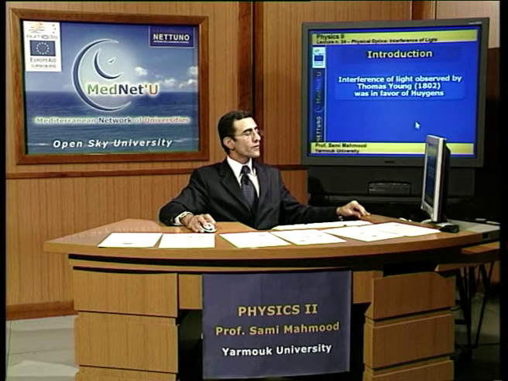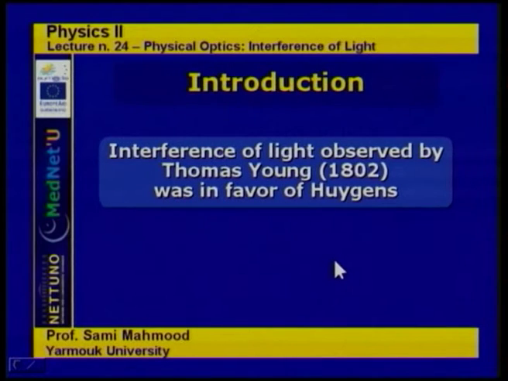And interference of light was observed in the double-slit experiment by Thomas Young in 1802. These interference effects that Young observed were in favor of Huygens' theory.